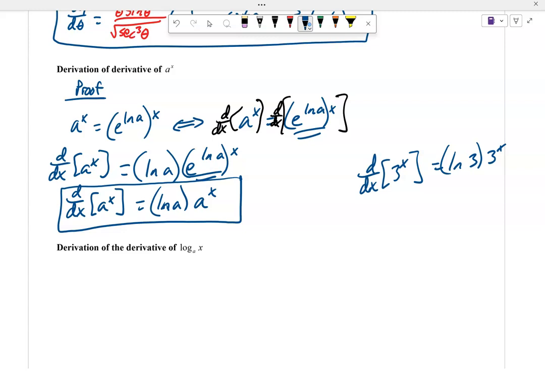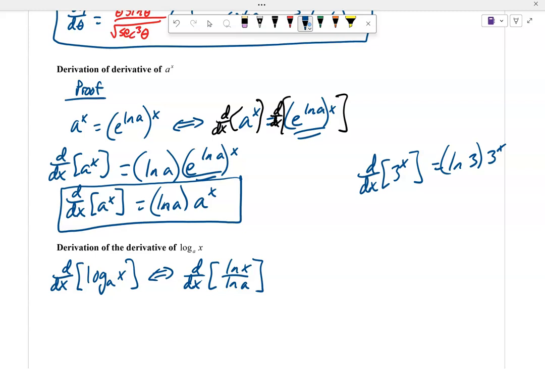All right, how about the derivative of log base a of x? Well, what I'm going to do with log base a of x is rewrite it. I could rewrite log base a of x using the change of base formula. That's the same as the natural log of x over the ln of a.